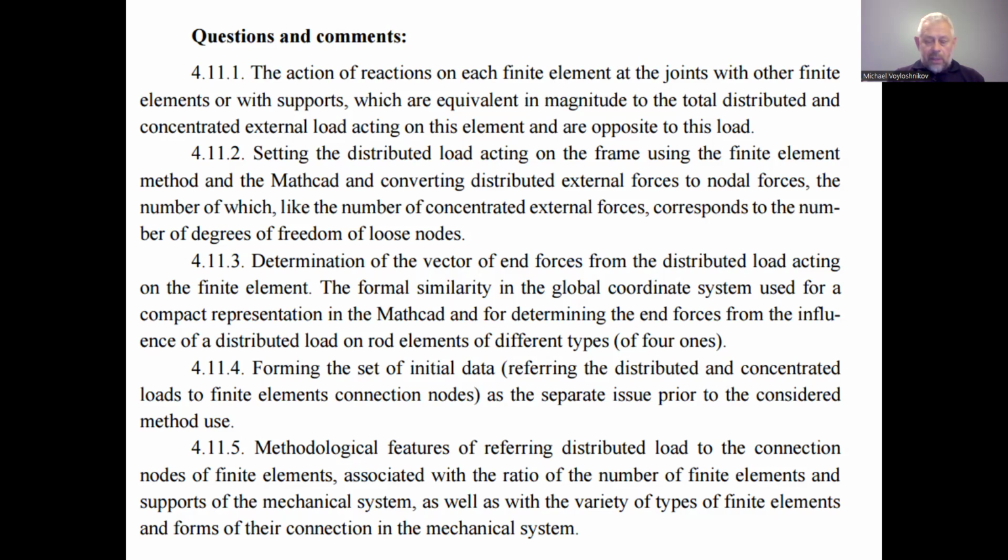In this exercise, we have all 4 types of rod finite elements of the mechanical system, and we consider the decision in Mathcad by the method of finite elements.